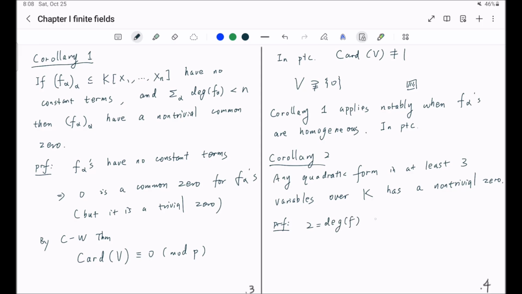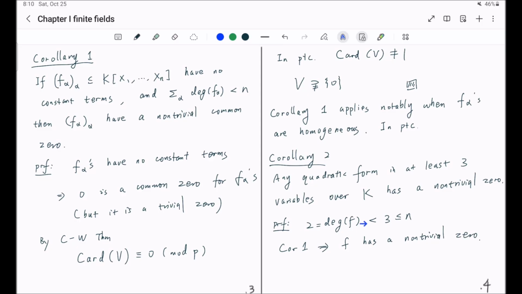And in this case, n is at least 3. So the degree of this just one polynomial is strictly less than n. Here we are just using corollary 1 with one polynomial. And a quadratic form is homogeneous of degree 2, and in particular, it has no constant term. So corollary 1 implies that f has a non-trivial 0.